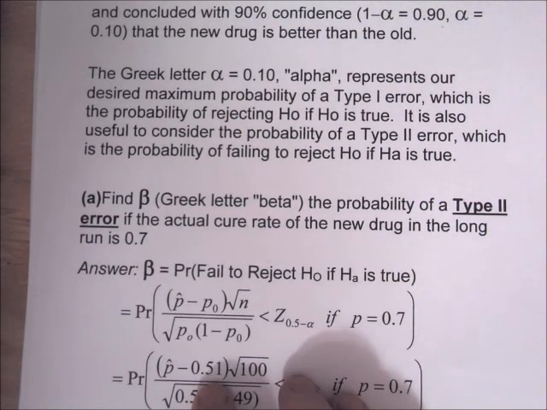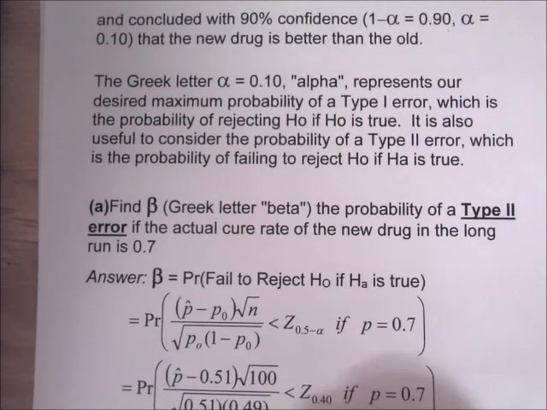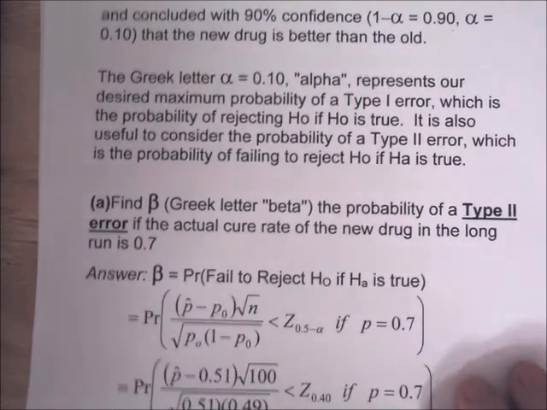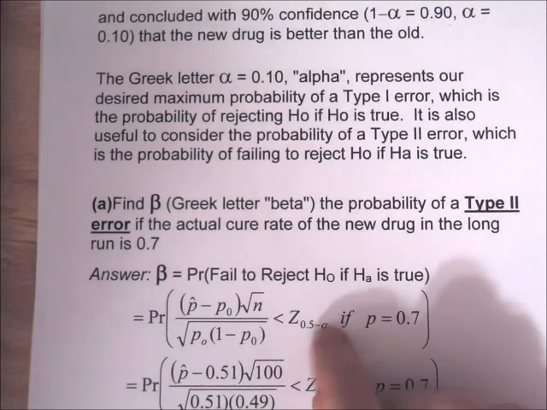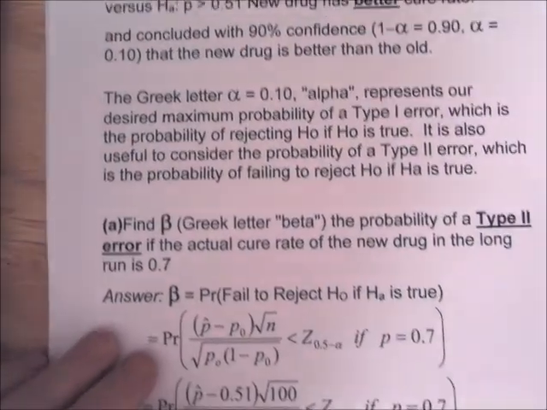So p hat minus p0 would be 0.51, times square root of n, which is 100, over square root of p0 times 1 minus p0, that's square root of 0.51 times 0.49. And the number from the z table would be 0.40.